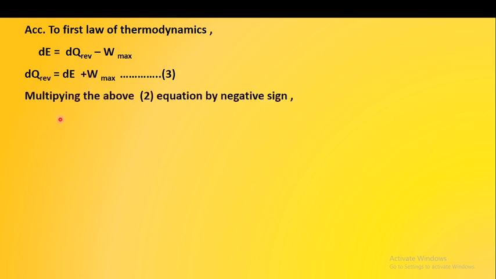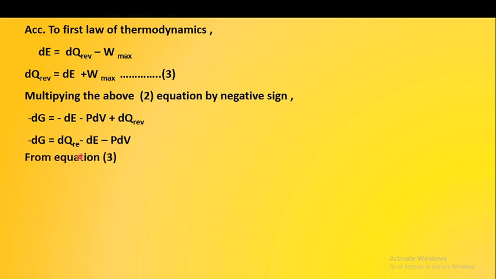This is equation 3. By multiplying equation 2 by a negative sign, we get minus dG is equal to minus dE minus PdV plus dq reversible. Therefore minus dG is equal to dq reversible minus dE minus PdV.